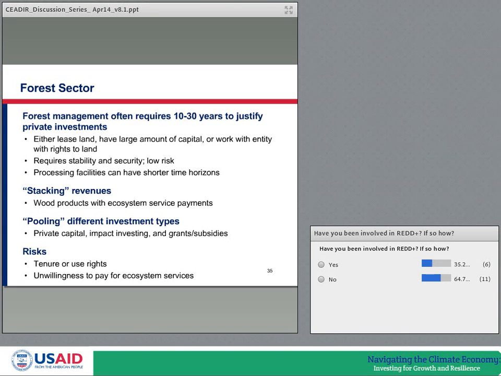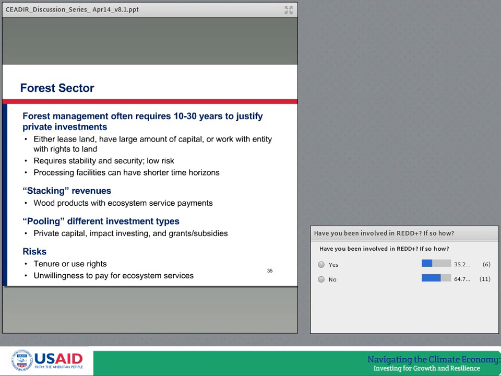We're also looking at probably stacking wood product revenues with any ecosystem payment, whether that's a carbon payment or other sort of payment. This also means that forestry policies matter. You want a government policy where you're going to put the transportation infrastructure for your agriculture away from the forest, so you don't give people an incentive to go into the forest to do more agriculture.